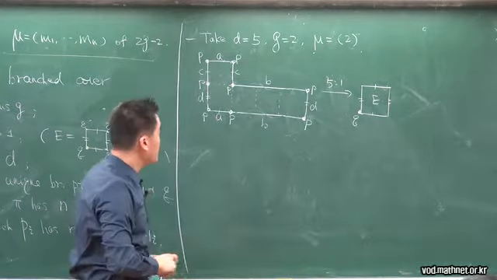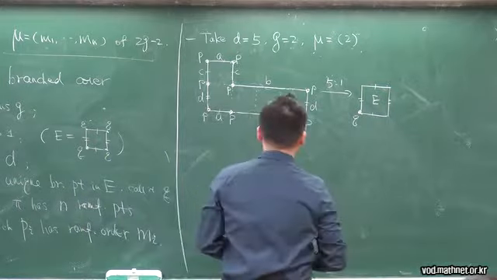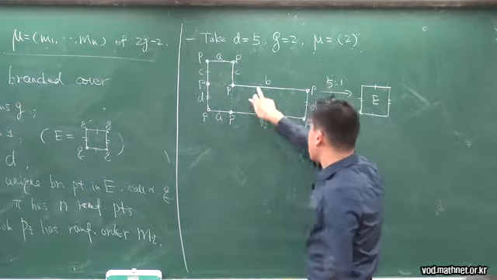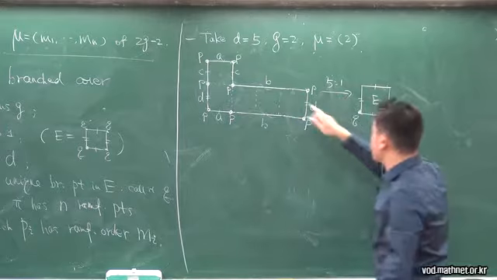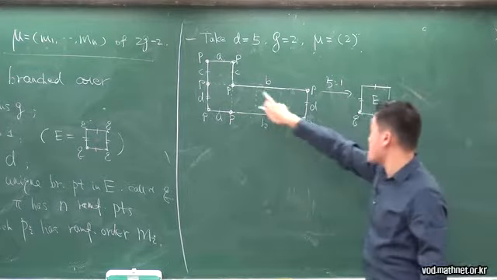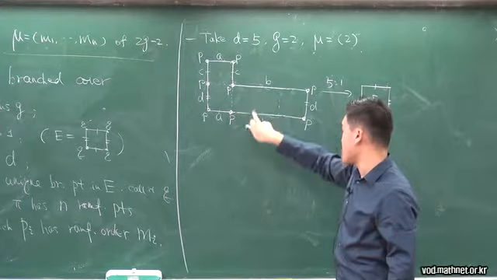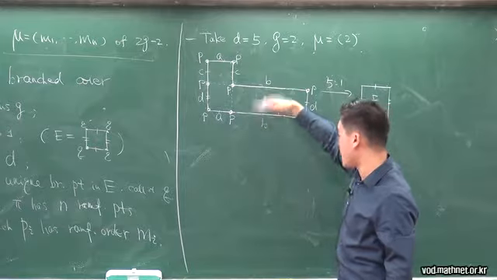And there are 2 other pre-images of Q sitting here, but this point is the same as that one because these 2 long edges are identified together.